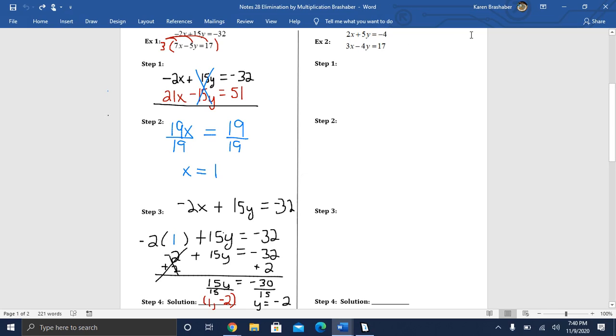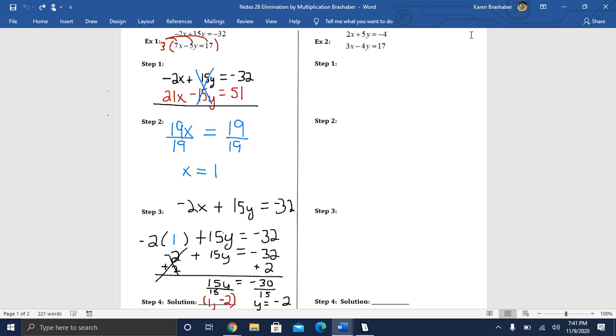All right, I'm going to move on with example 2. In this example, you have 2x plus 5y equals negative 4, and then 3x minus 4y equals 17. As I look at those two equations, I can't multiply just one of the equations. For example, if I multiply the 2 that has the x, I can't multiply the 2 by anything to make that become negative 3.